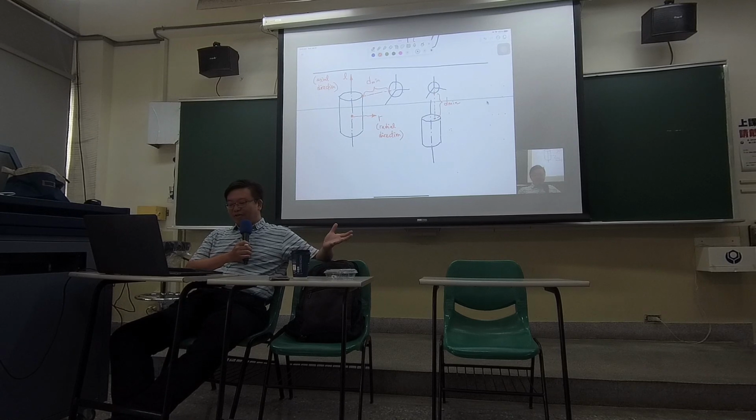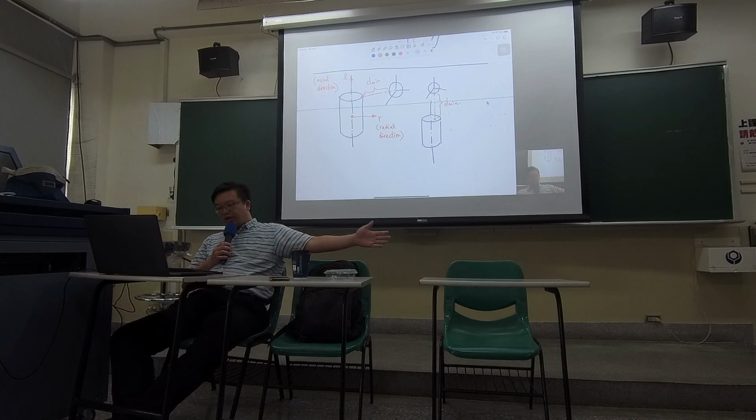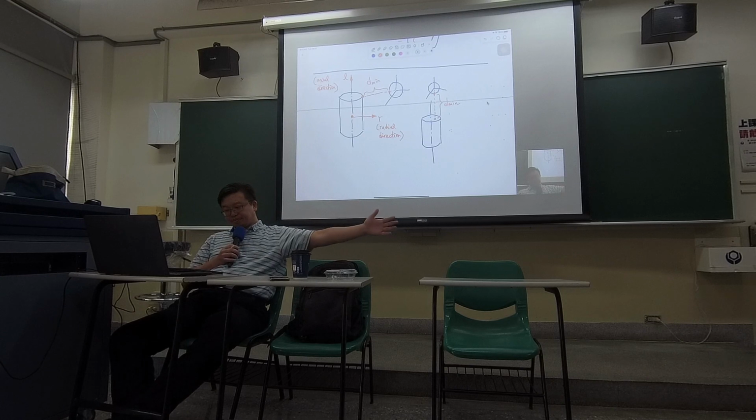So let's say I have this coordinate, and basically the radial direction could be anywhere.